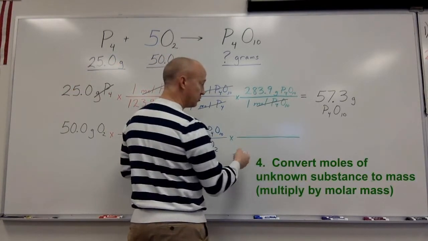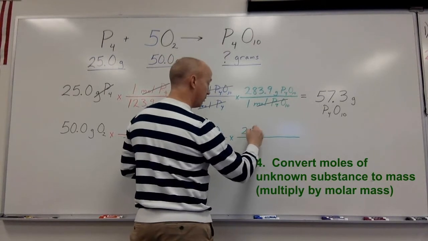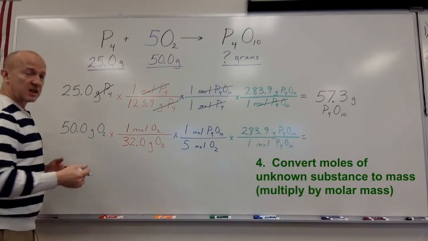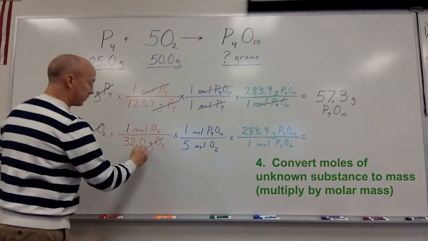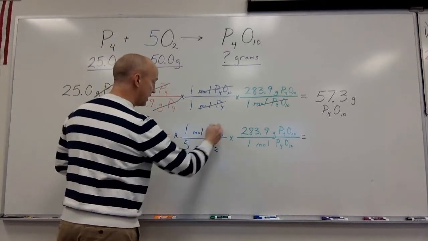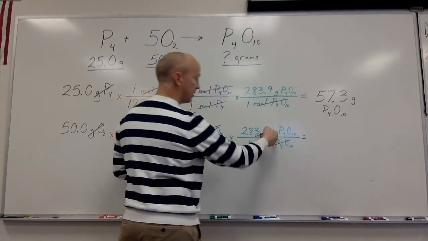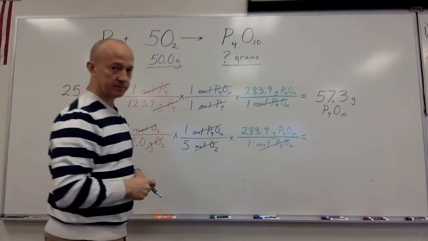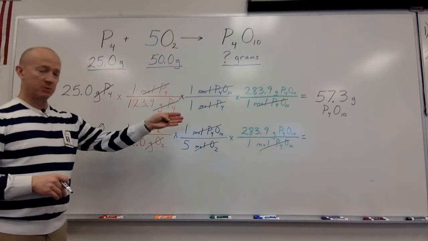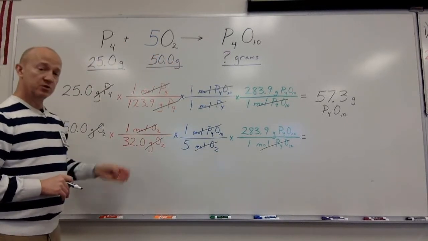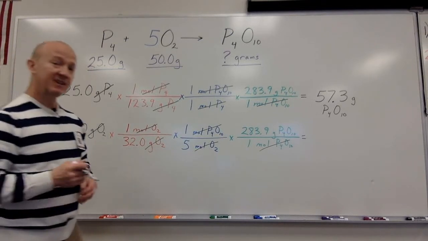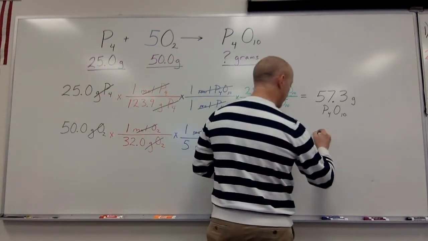And finally, I'll use the molar mass to convert from moles to grams. Just as before, I have everything properly arranged, and now my units cancel. I'm left with grams of P4O10. 50 grams times 283.9 divided by 32 divided by 5 gives me 88.7 grams.